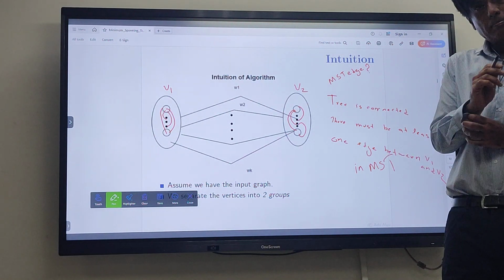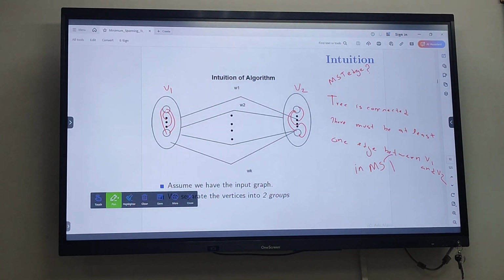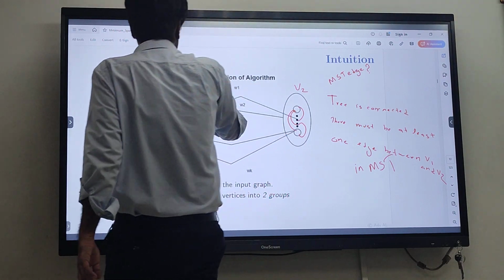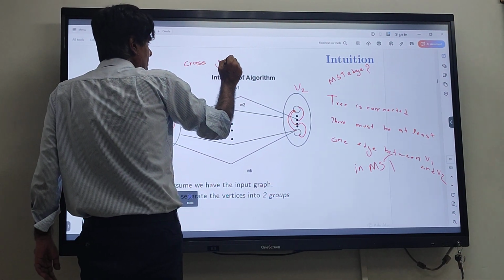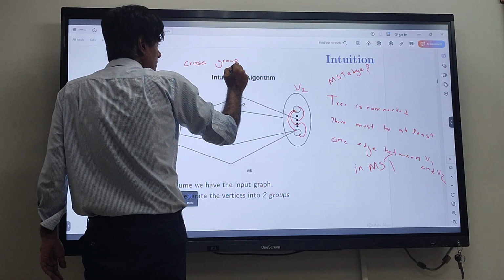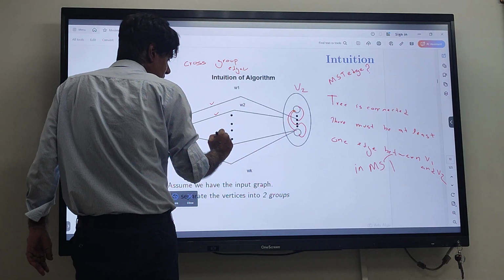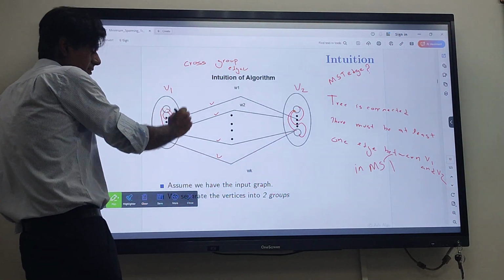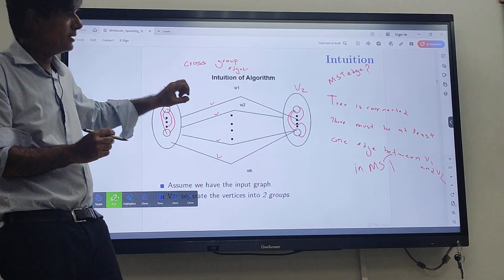So what if the edge with the minimum weight lies in one of these groups? Then what? I'm talking about the cross group edges. I'm talking about these edges. This is connected. This will be connected some way in the minimum spanning tree.